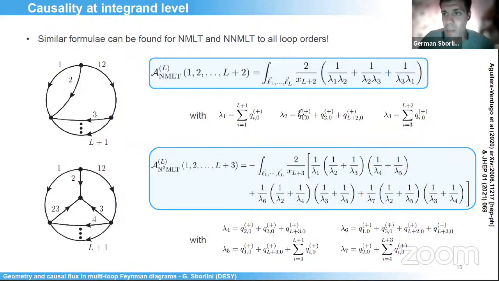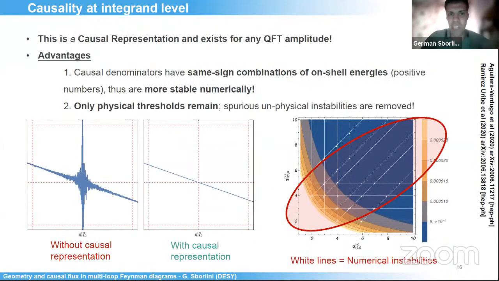Since these are positive quantities, if we forget about the complex part, the real part is positive. So we don't have sign changes in the denominators, which makes it more stable numerically. Instead of having zeros that appear when we evaluate these integrals numerically, these unphysical zeros will never be present. And only the physical thresholds, the physical singularities, will remain.